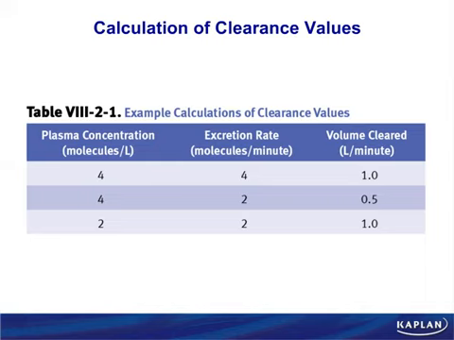Patient on the top has excretion rate of 4, but is still clearing 1 liter. So again, you cannot look at the excretion rate alone because you do not know the concentration of the plasma entering the kidneys in the renal artery. So again, you have to look at the plasma concentration in the renal vein to determine the clearance. And that's how you calculate the clearance.